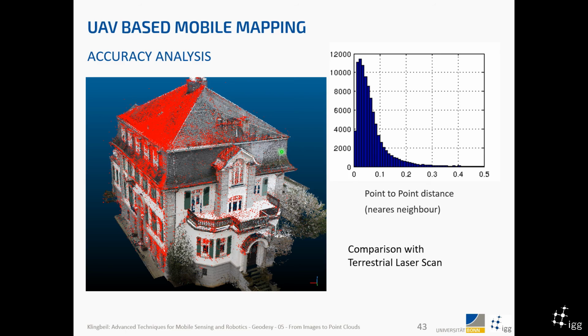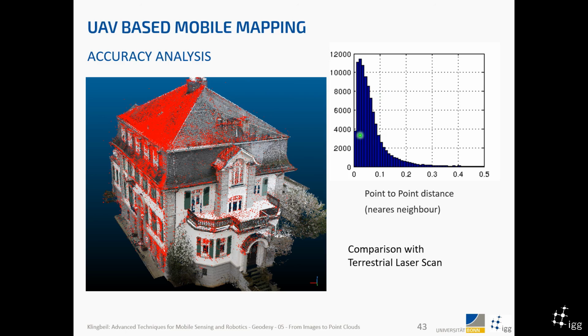And there's another project. Oh no, sorry. One final plot. I'm sorry. So this is just an accuracy analysis. We compared the results of the reconstructed point cloud with a terrestrial laser scan, which has been georeferenced using ground control points, which we take as a reference, and it was basically all below 10 centimeters accurate.